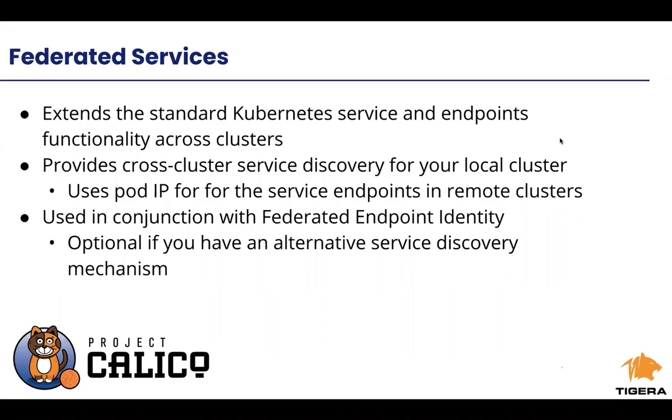So the first step is to create a federation. You have federated endpoint identity, and then on top of that, you can create a federated service. It's optional if you have an alternative service discovery mechanism that can plug in as well. But we give you federated services, and this is all part of Calico Enterprise. And I'll show you in just a moment where this is in our docs if you want to try this out in your own clusters.